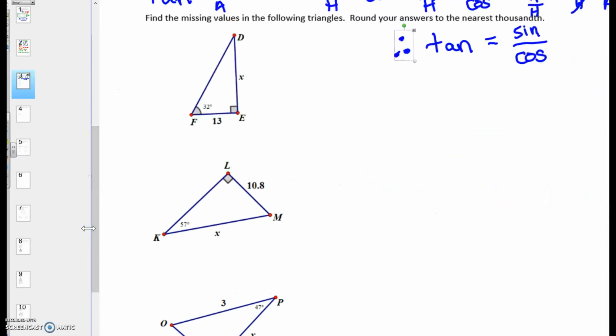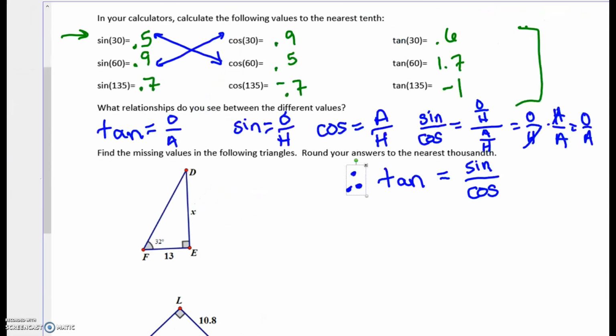Let's do a couple of examples. This is going to end up being a 2-lesson video. So let's take a look at this first example here. Whenever we do a problem, we're always going to start off by identifying the angle measure we're worried about. In that case is F. So the first thing is we identify an angle.